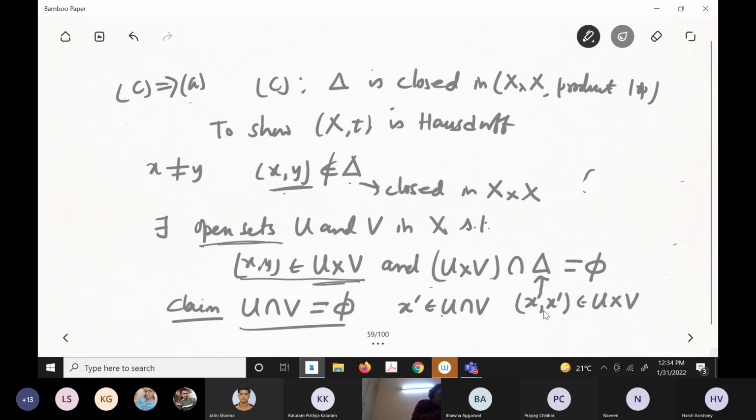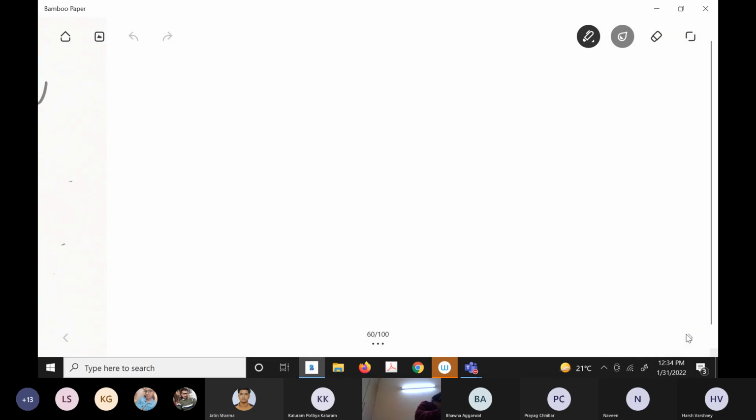That means this belongs to this intersection, which is disjoint. So it is not possible. That's the proof. So it is Hausdorff. Remember that Hausdorff we are linking with the diagonal being closed. Okay. Fine. Now let's see.